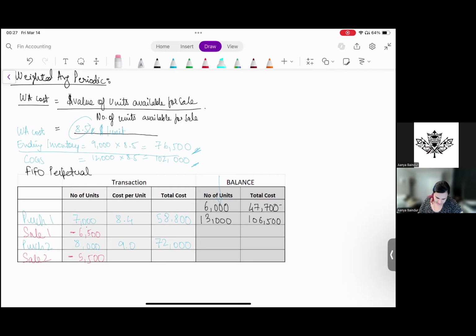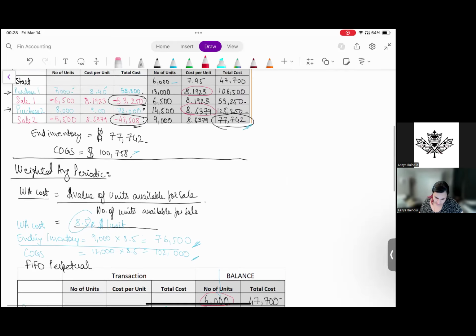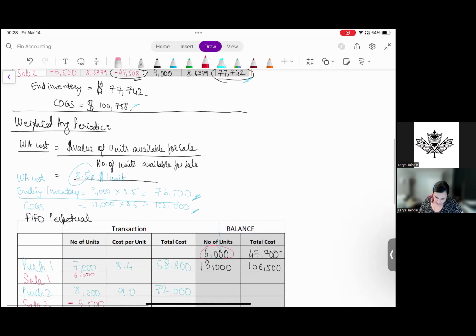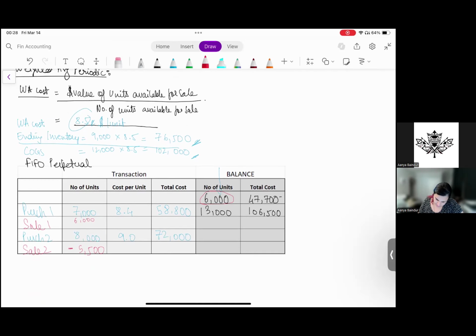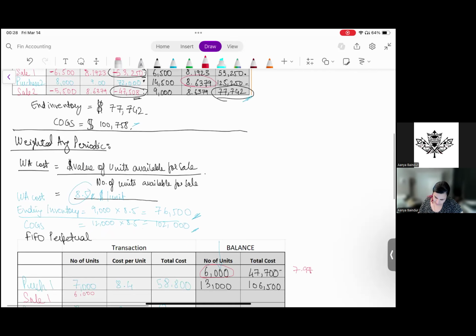So since it's 6,500, first of all, we'll sell the 6,000 units that we had here. So let's sell off this 6,000. Okay. What was the value of this? The price for this was 7.95.